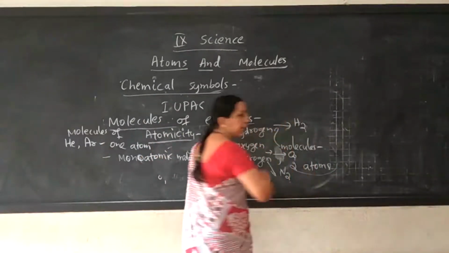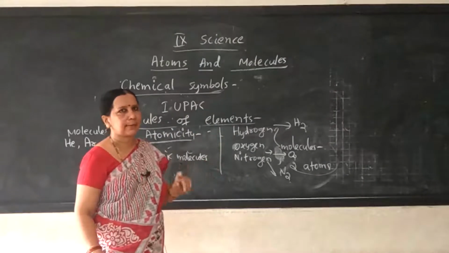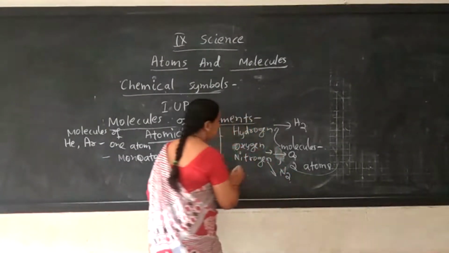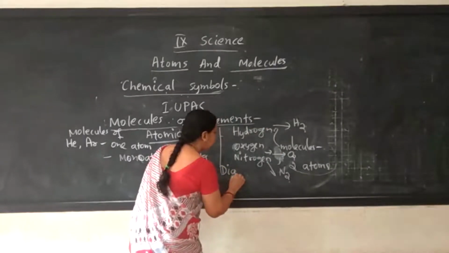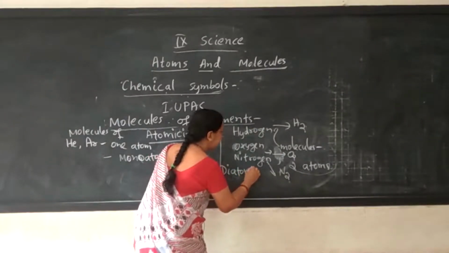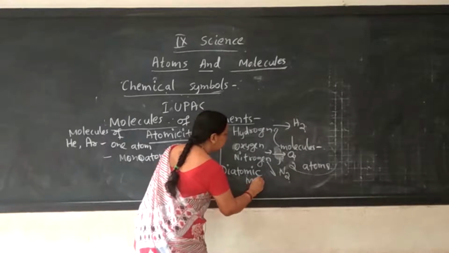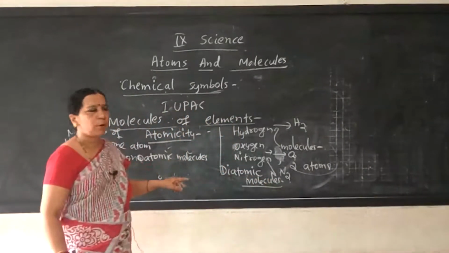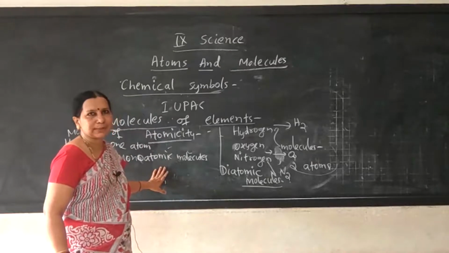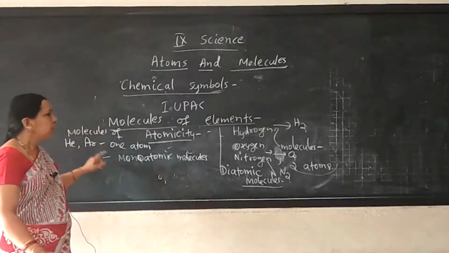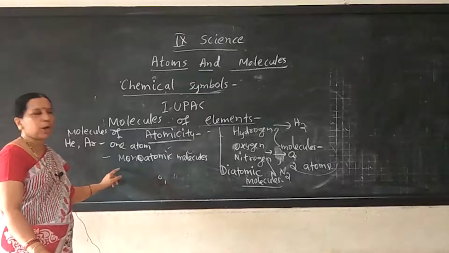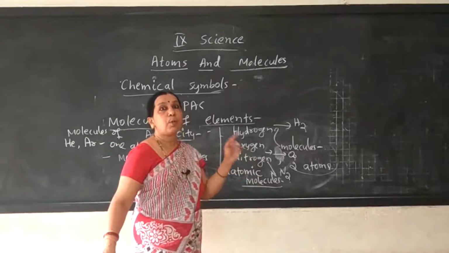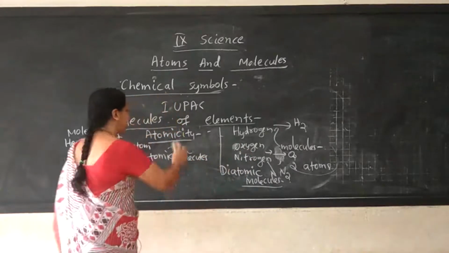When the molecules of elements consist of two atoms, we call such molecules diatomic molecules. Di means two. So depending upon the number of atoms constituting that molecule, we classify them as monoatomic molecules, diatomic molecules, and polyatomic molecules.